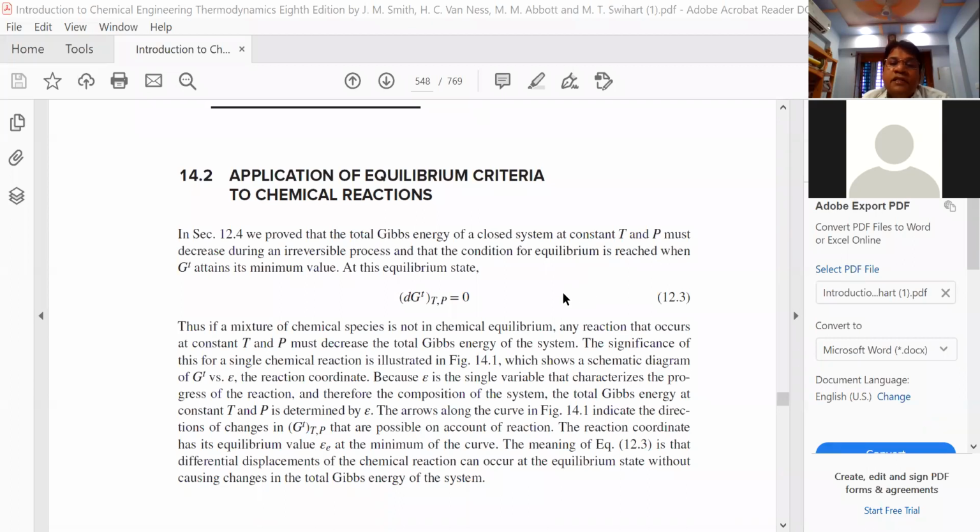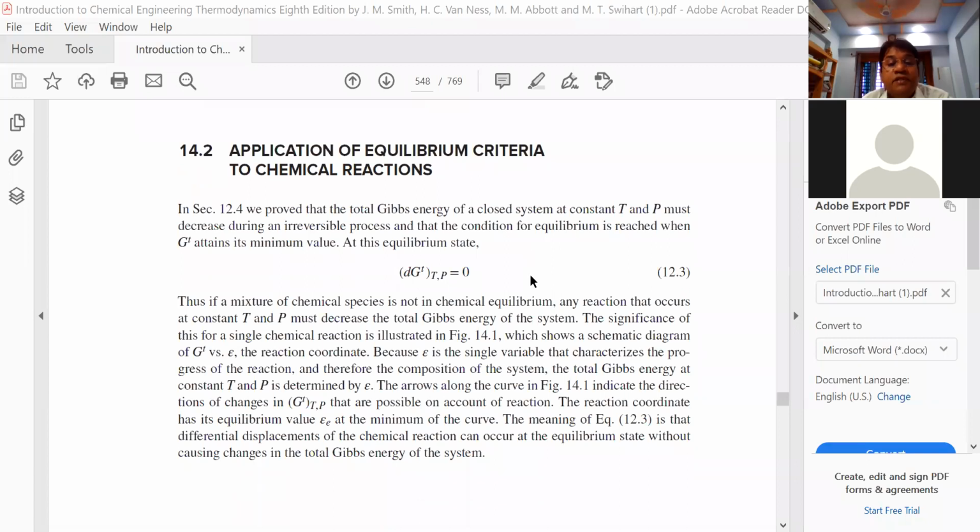But let us understand that whenever a reaction proceeds, Gibbs energy will decrease. Now this Gibbs energy will decrease up to a limit, when the reaction will stop. That means the forward reaction will stop and the reverse reaction will start. So that point is known as equilibrium condition.